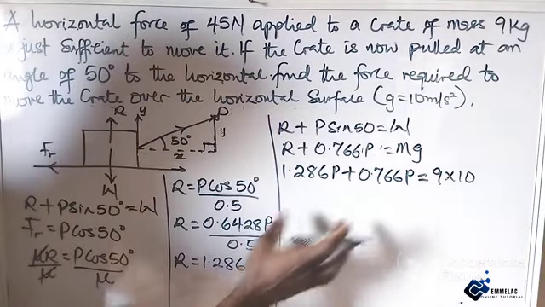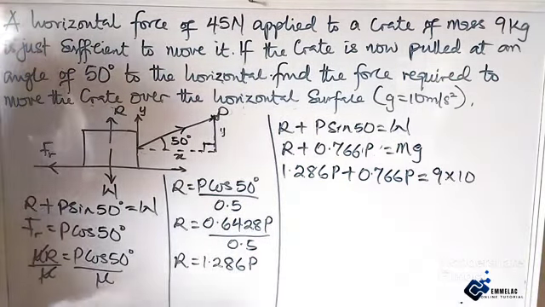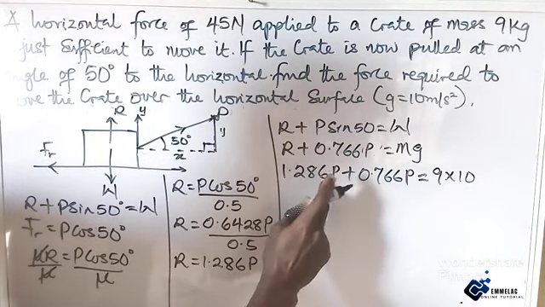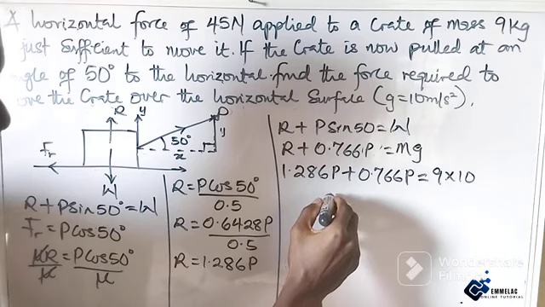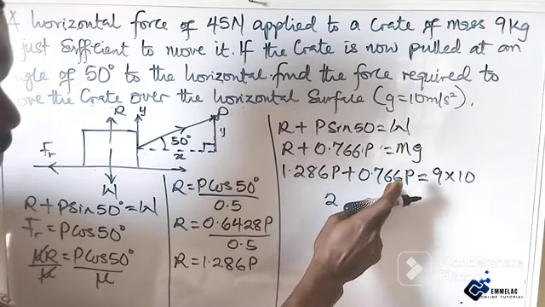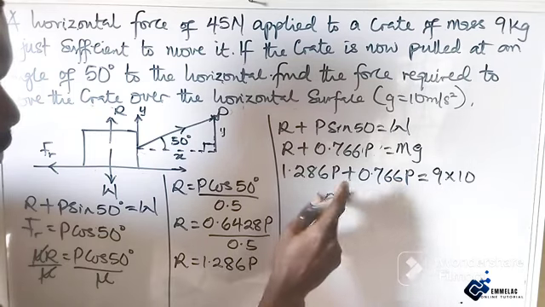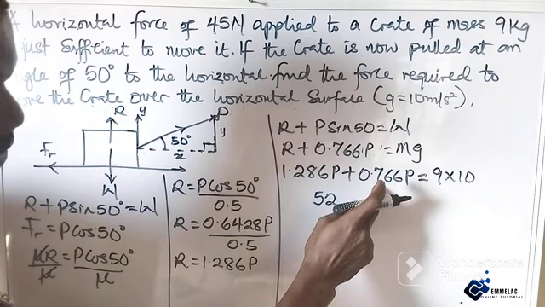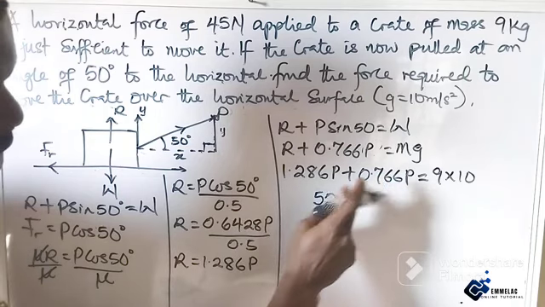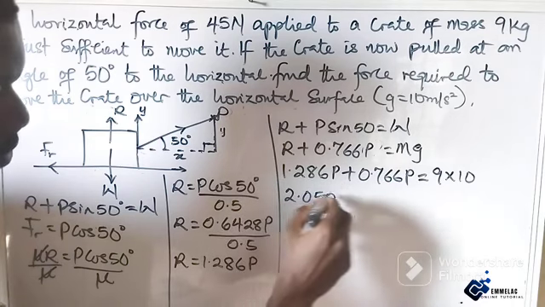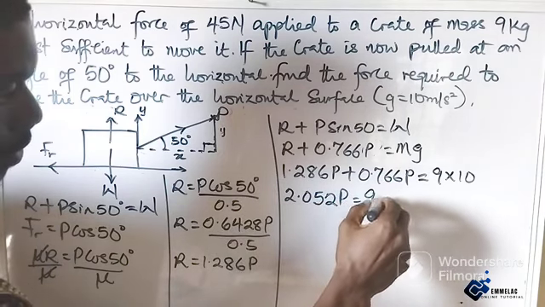So when we add these two together, resolving these two, here you have 1.286 plus 0.766, which gives 2.052. Then 2.052 P equals 90.